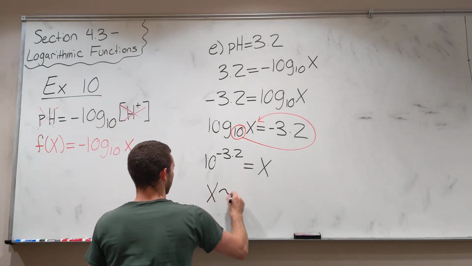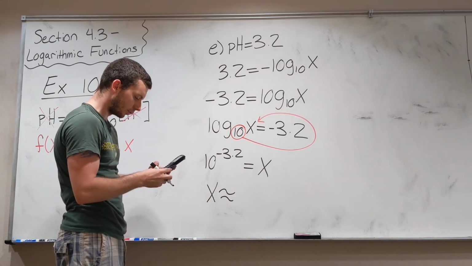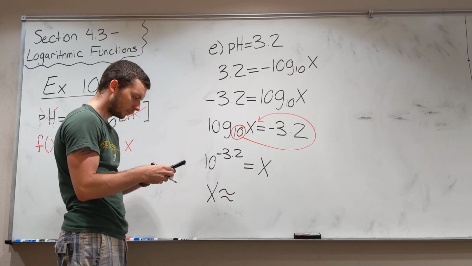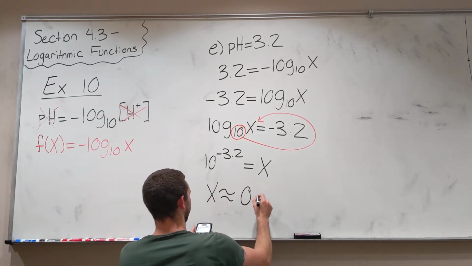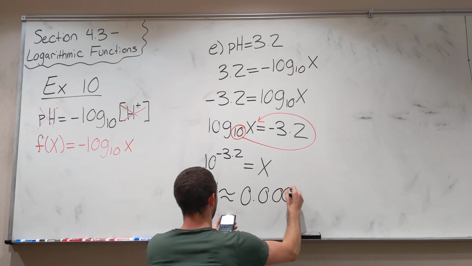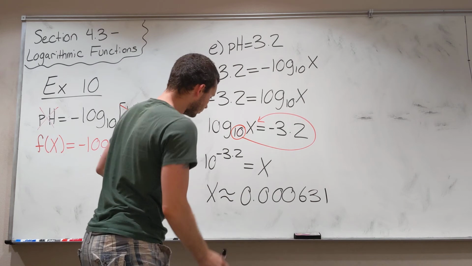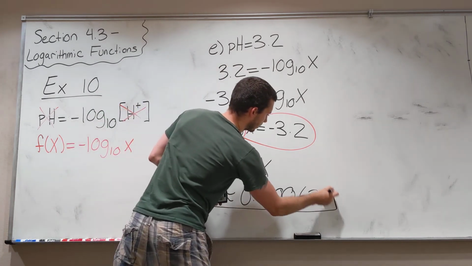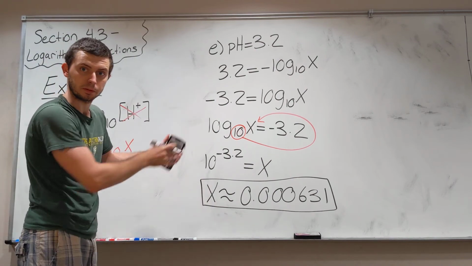So if you were to put this quantity in your calculator, 10 raised to the -3.2, so 6 decimal places, 0.000631. And that would be the answer you provide for part E.